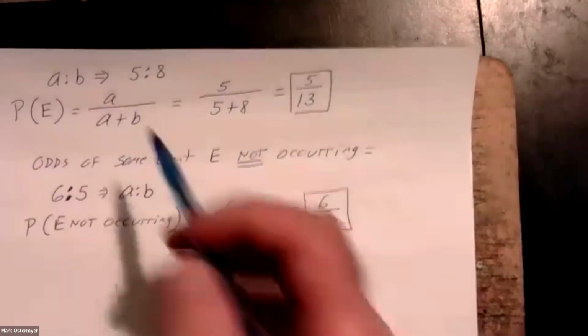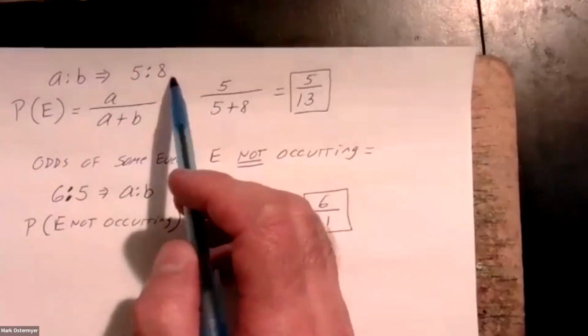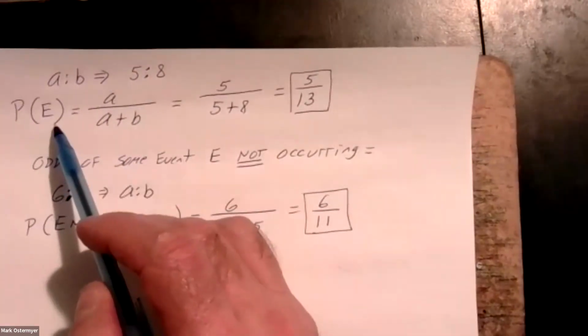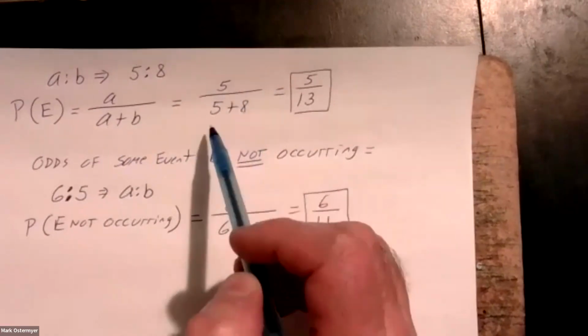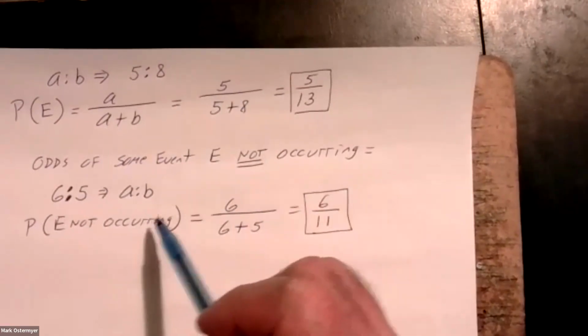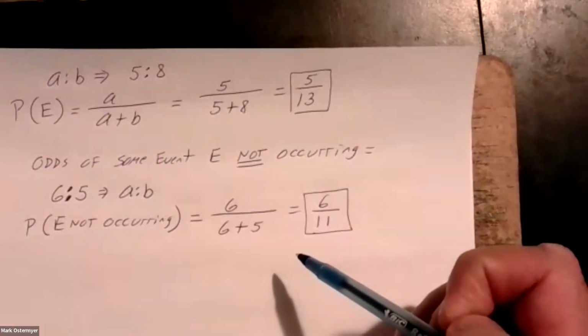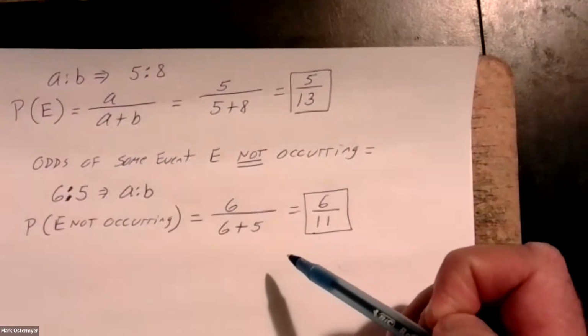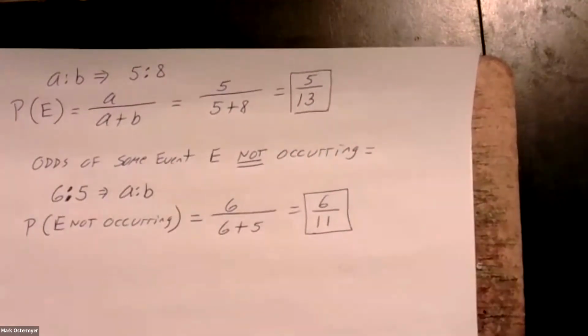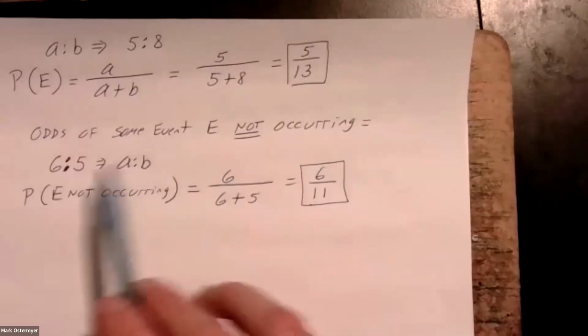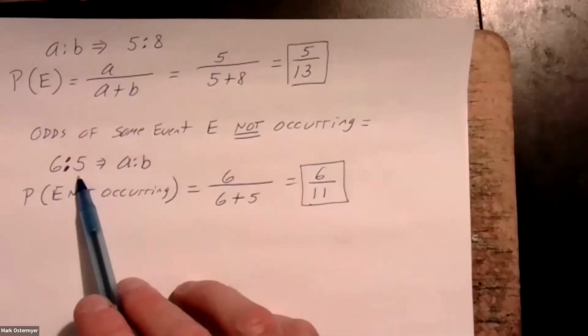So if the odds of event E occurring are 5 to 8, then the probability of event E occurring would be 5 over 5 plus 8, or 5/13. Did anybody get that? Correct. Now, the odds of some event E not occurring is 6 to 5.